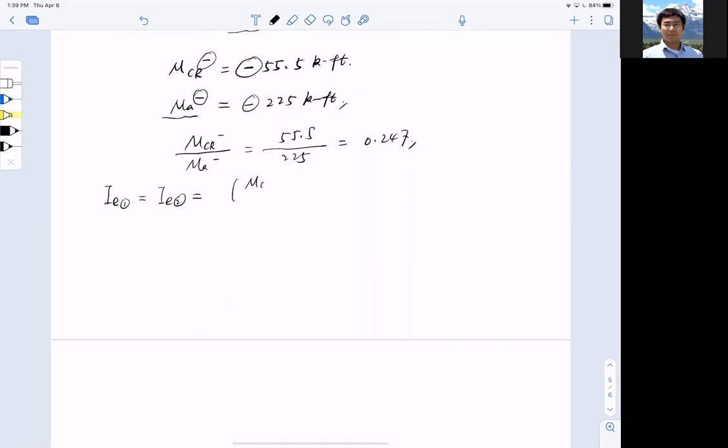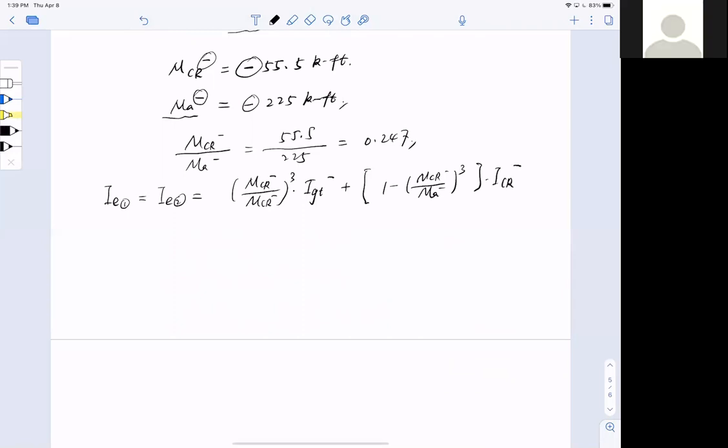So this is MCR negative divided by MA negative to the power of 3, and thank you again for reminding me of that. And this is IGT negative plus bracket inside 1 minus MCR divided by MA negative to the power of 3. Out of the bracket, you have ICR negative. Again, any question? Yeah.